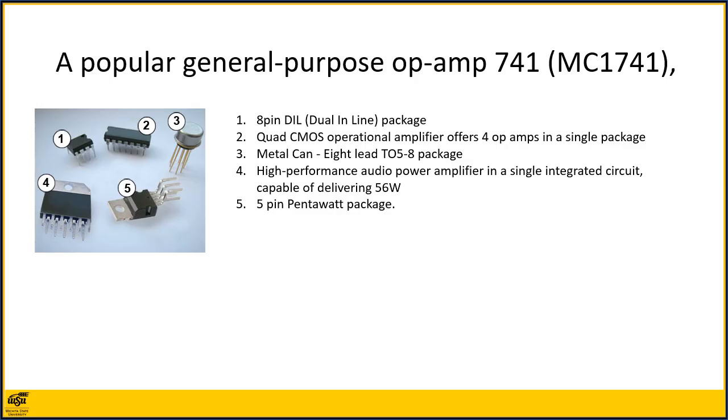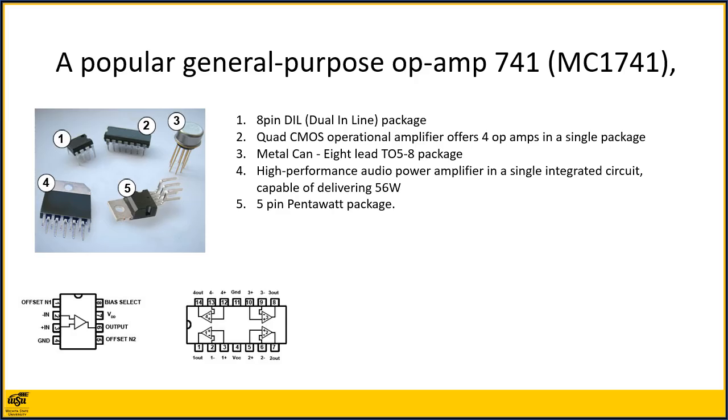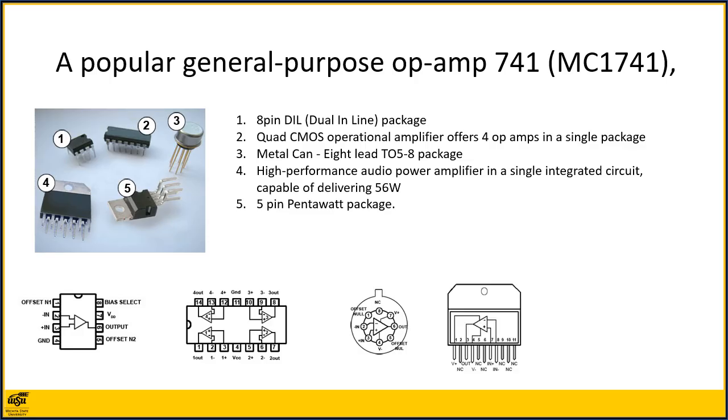Op-amps come in at least 5 types of packages. 8-pin DIL, which stands for dual inline package. Quad CMOS operational amplifiers offer 4 op-amps in a single package. Metal can, 8-lead TO58 package. High performance audio power amplifier in a single integrated circuit capable of delivering 56 watts.